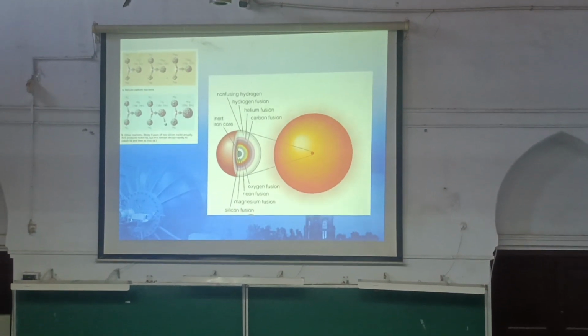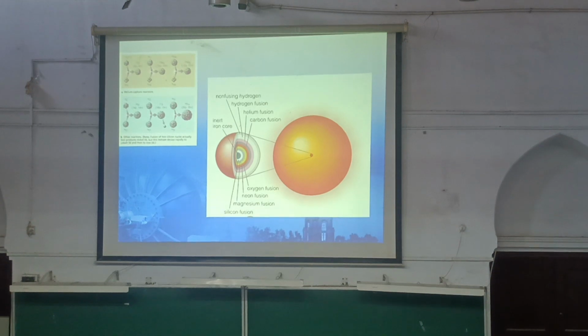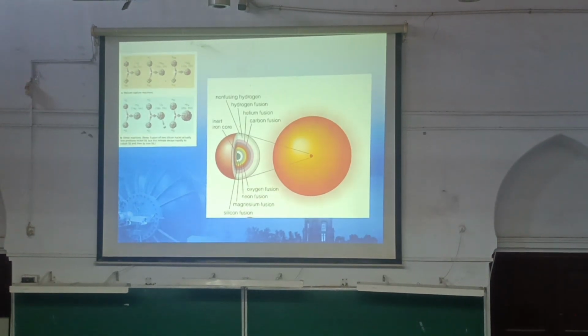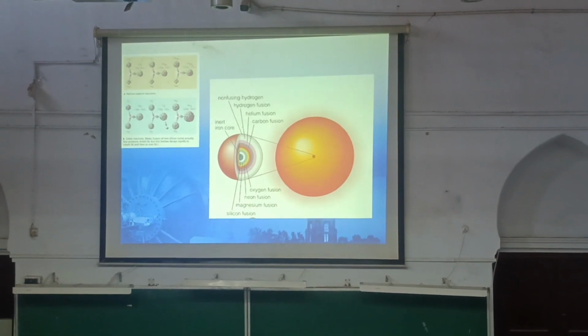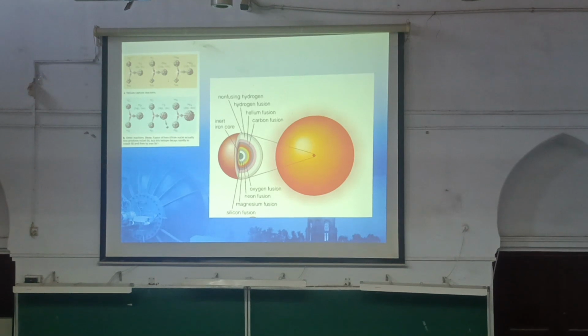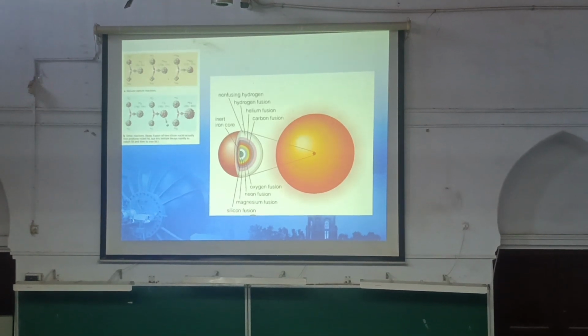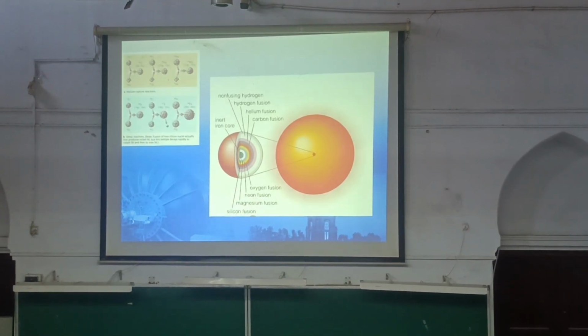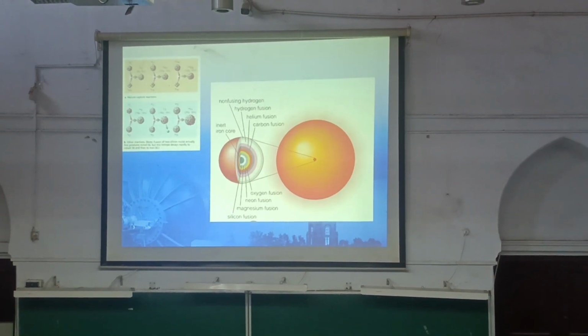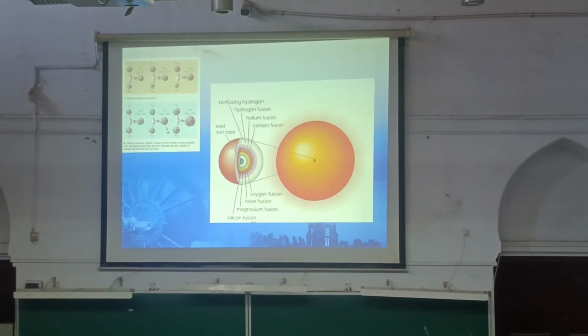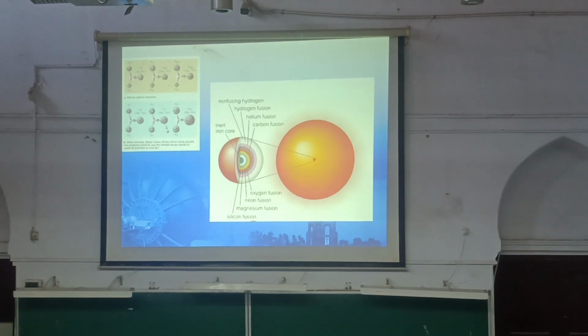So if you took a star out, it's like an onion. There are layers. In some layer, you still have hydrogen fusion going on. But in the lowest layer you have silicon fusion. And silicon fusion means 2 silicons make iron. And that's where the thing stops. Why? Because that's the minimum. So that's where it is.